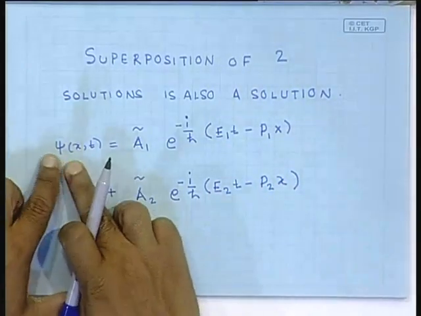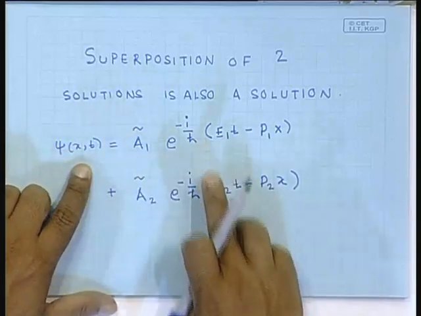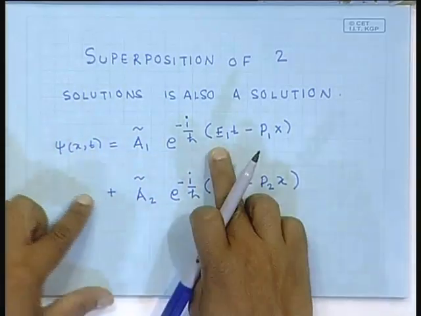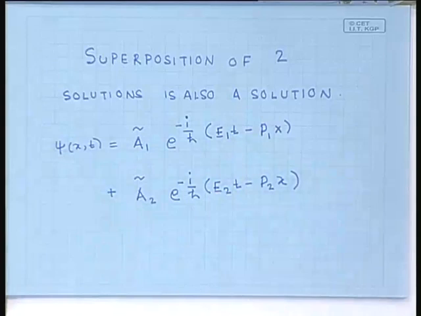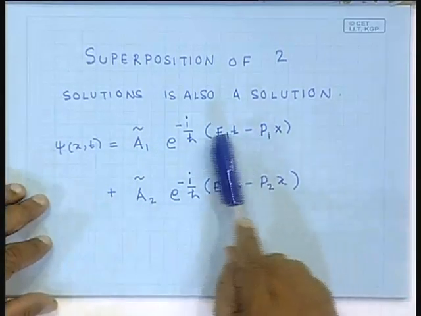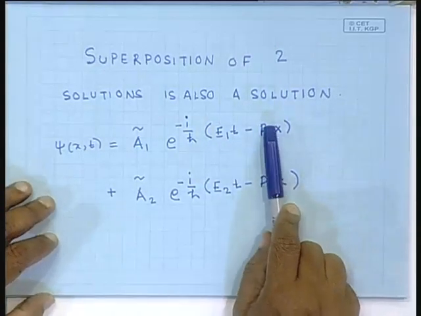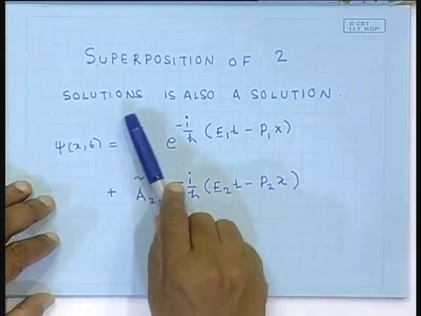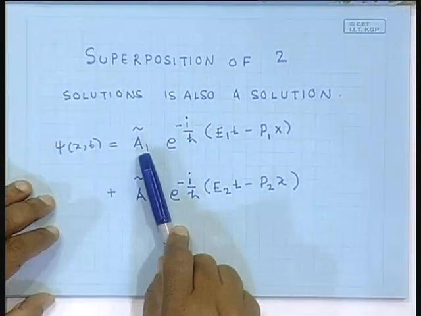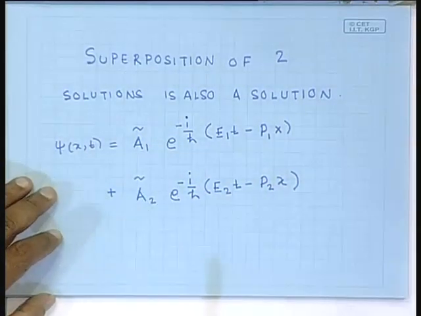So, this psi is a superposition of two different solutions. In this solution, the constants have values P1 and E1. The overall amplitude is A1. The amplitude, remember, could be complex.